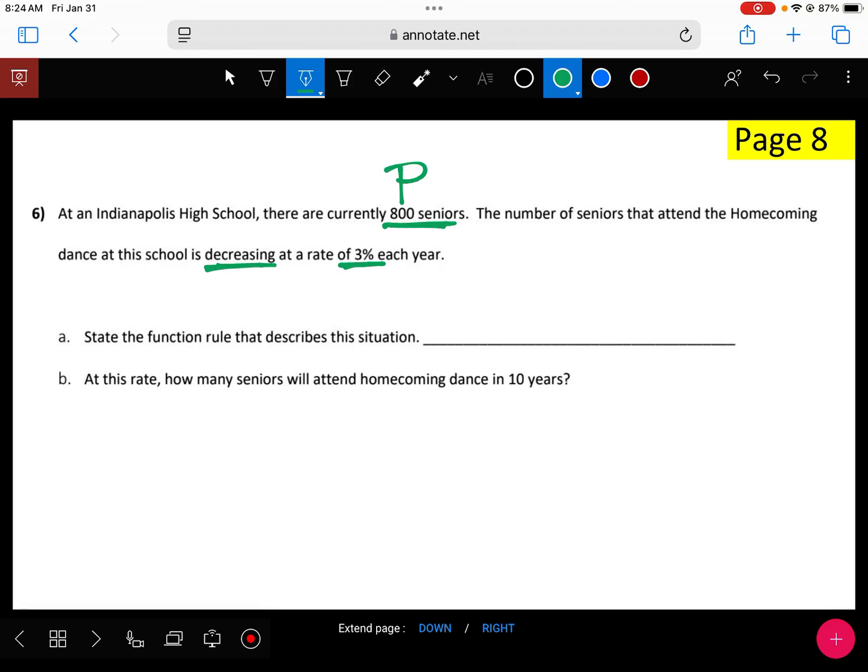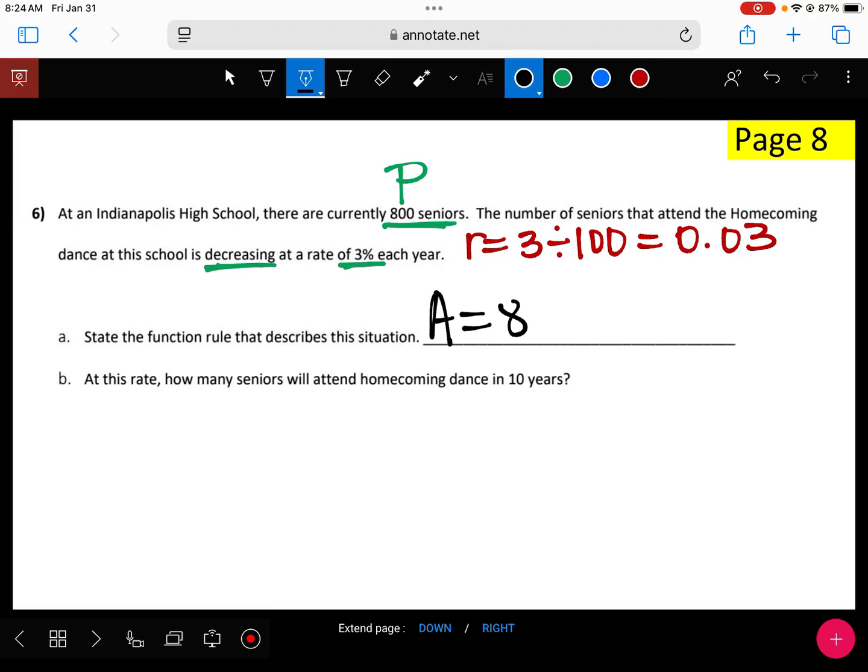Take the 3% and divide that by 100. 3 divided by 100, and you should get 0.03. So in our formula, it's A equals my starting amount of seniors, 1 minus 0.03 to the power of t.